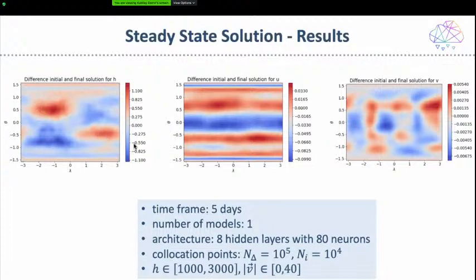You can see the errors here for the sea level elevation and the 2 velocity components. Just as a reference, the magnitudes differ, so here they already calculate the dimensional variables from the dimensionless variables. And again, they managed to solve this very accurately.